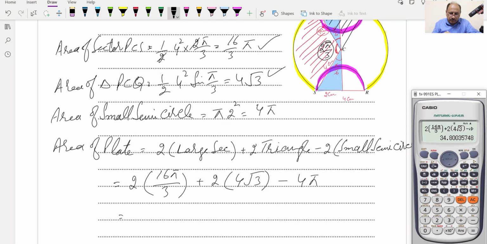Or what we can do, we can simplify in terms of pi.